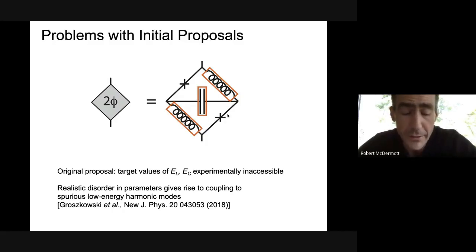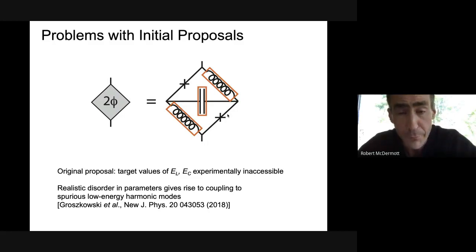I think later on in this session, we'll hear about some very recent nice experimental progress towards trying to implement exactly this type of circuit. But it's hard. Technically, it's hard.